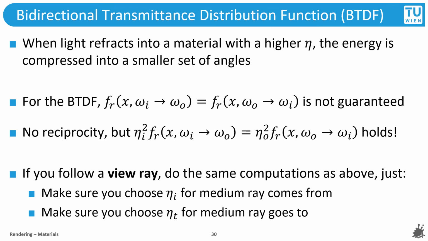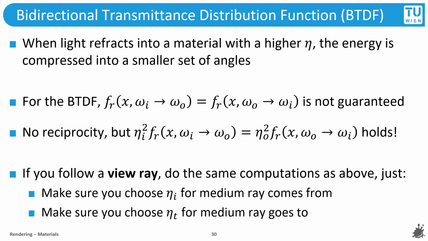If the last step of compensating for the change in directions seems a bit challenging to understand, don't worry, it's fine to think about this for a bit. But as a start, consider the hint that when the rays are bent, the density of the light they carry changes. For a new material with a higher refractive index eta, the energy that is brought in will therefore be compressed into a smaller set of angles.